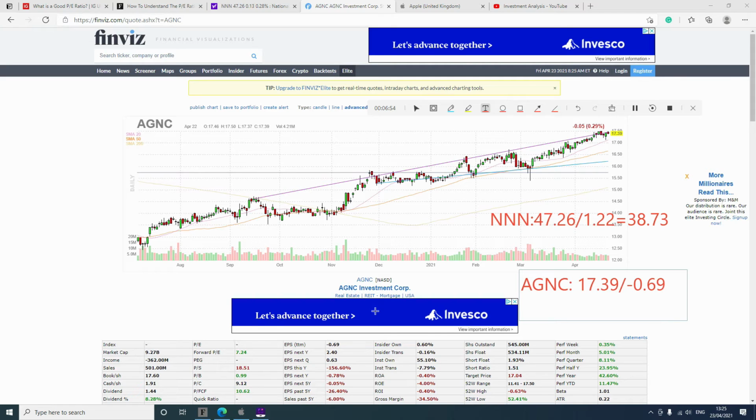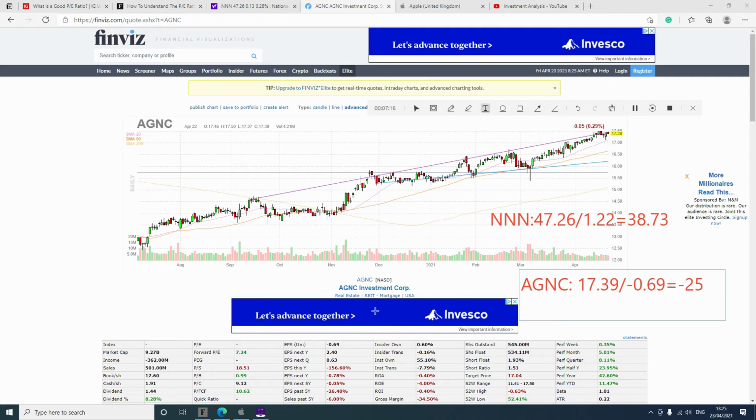What does it give us? Well, it gives us minus 25. And what does it mean? It means the stock is trading at minus 25 times its earnings, and if you buy this stock, you are paying minus 25 times.